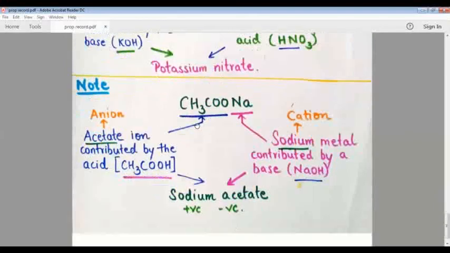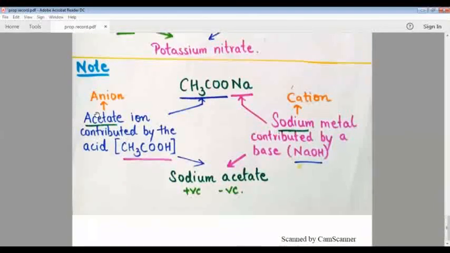Now the last example, which you need to keep in your mind every time. This is CH3COONa. Now this CH3COO is the negative part over here, and Na is your positive part. Wherever we have seen a metal, the metal forms the positive part and the remaining part is the negative part.